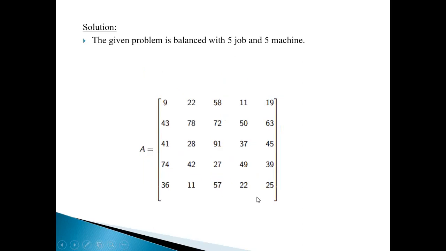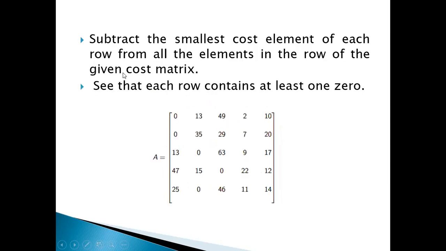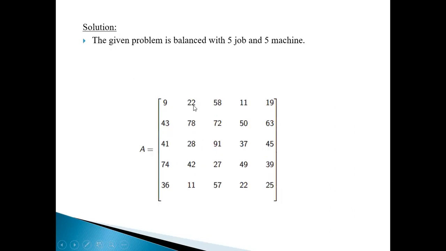Now, next, using the Hungarian method, we have to follow a certain procedure. So here are the procedures that are listed. The given problem is said to be a balanced assignment problem with 5 jobs and 5 machines. So step 1, identify the least cost element in row 1.